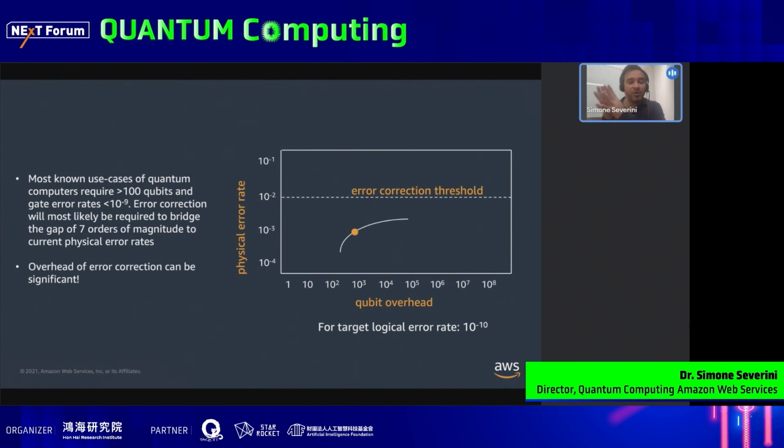There are physical qubits, which are just the physical devices that encode quantum information, but then to protect information, you need redundancy and to encode logical bits into an ensemble, into a set of physical qubits, which then turn out to be a logical qubit. And there is a lot of overhead needed whenever you want to build logical qubits. It can be hundreds of physical qubits per logical qubit.